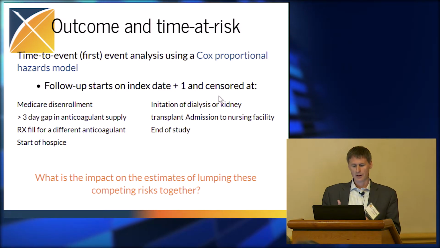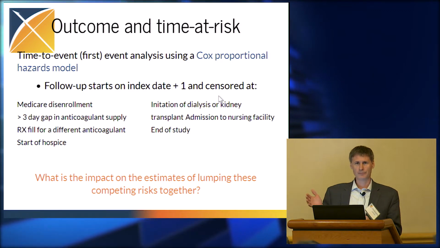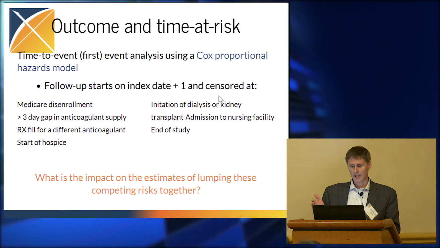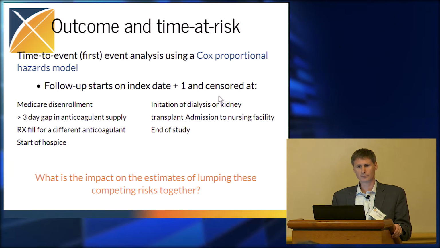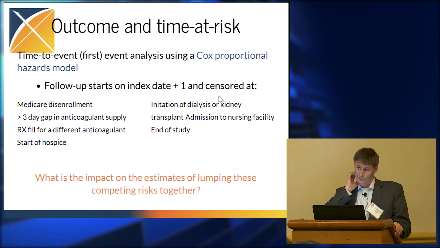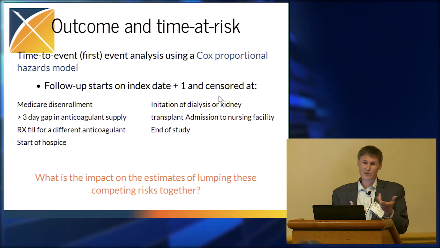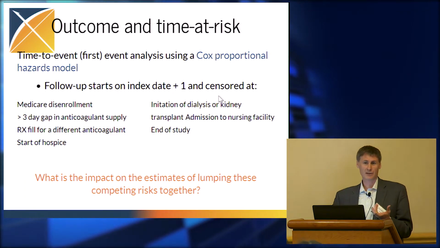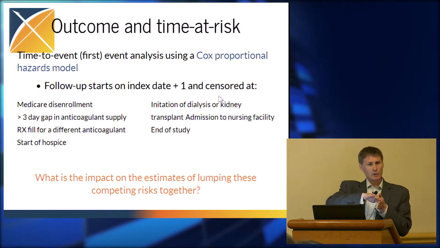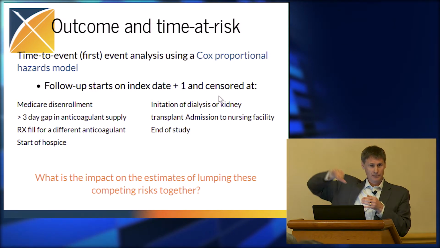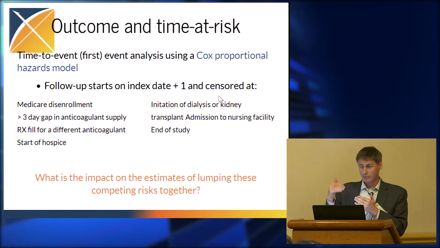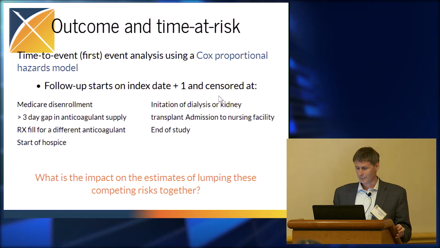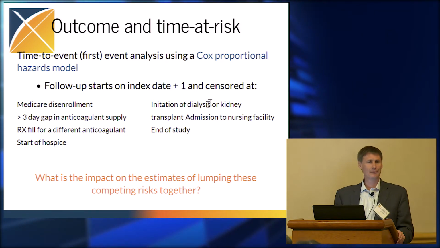Is it the same having end of study data versus start of hospice, or a prescription fill for a different anticoagulant, right? Switching a drug, maybe due to some unintended side effect that was unpleasant. So they are removed from the study going forward, right? They're counted in the numerator and denominator of the survival analysis up until one of these things happens. And these are very different types of events, right? It's much more severe having dialysis.